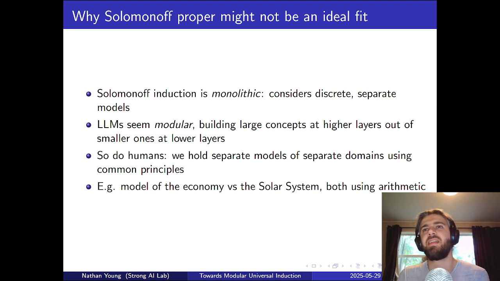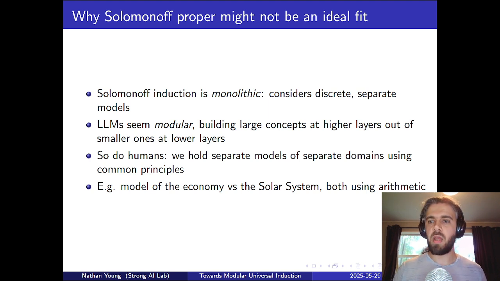By comparison, large language models don't consider separate models of what might be going on. They build their model of the string that they're trying to predict by increasing in complexity.